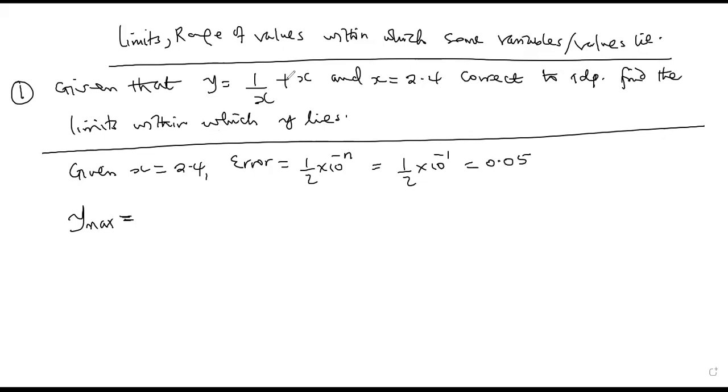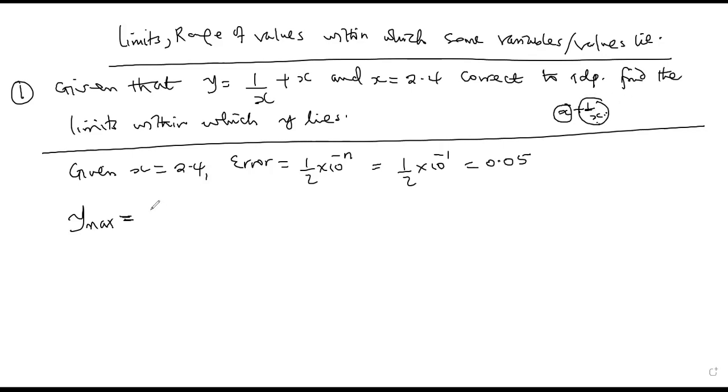Since we need the maximum, this 1 over x should be minimized, so that 1 over minimum will give us a big thing. So we shall have x maximized, while the whole of the denominator will be minimized.